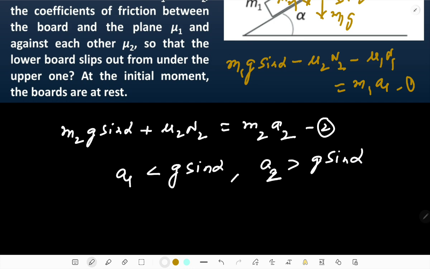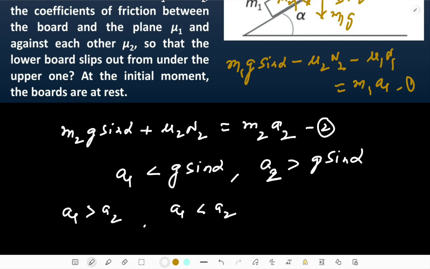And look what we found by assuming. We assumed that A1 is greater than A2, and by assuming we got a contradiction that A1 is certainly less than A2, because A2 is greater than g sin alpha and A1 is less than g sin alpha.